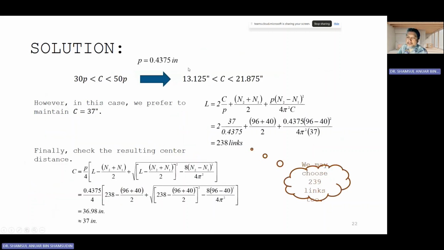So then the next step is to plug in this information. We want to find a C, which is between 30 pitch to 50 pitch. Since we want 37, that is actually out of this range, but it's okay.